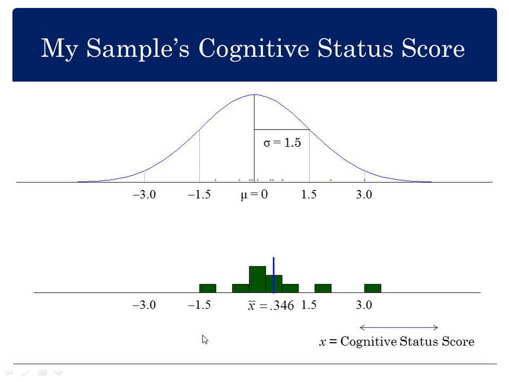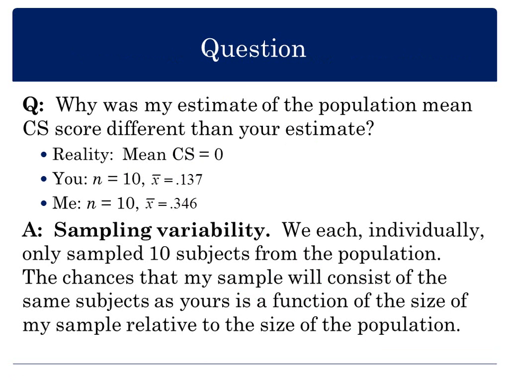My sample mean is 0.346. Why is my estimate of the population mean CS score different from yours?